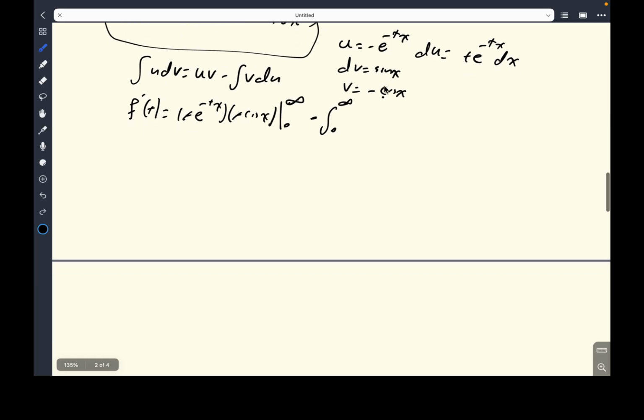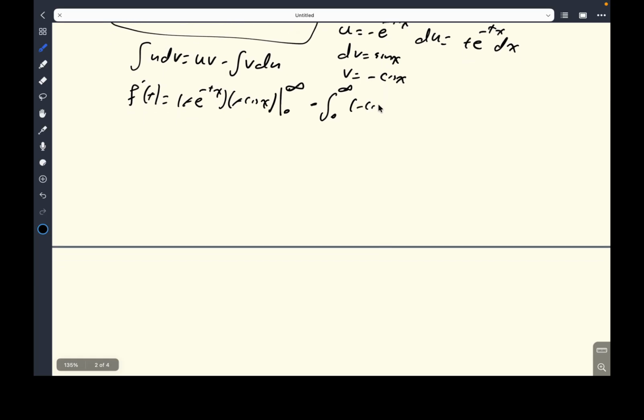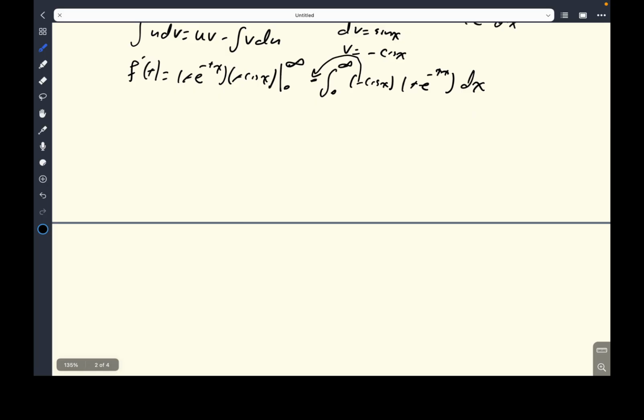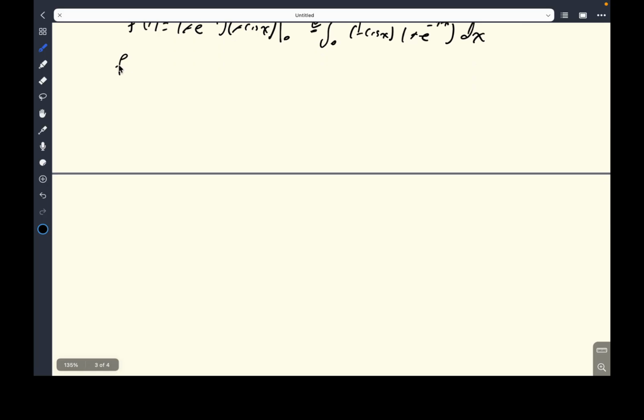My v is negative cosine x multiplied by t e to the negative tx dx. So this negative is gonna make this whole thing here positive.